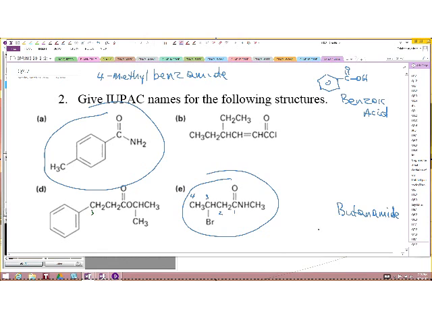Butanamide coming from butanoic acid, and then you have the N-methyl, because methyl is attached to nitrogen, so that becomes N-methyl. And 3-bromo, butanamide.